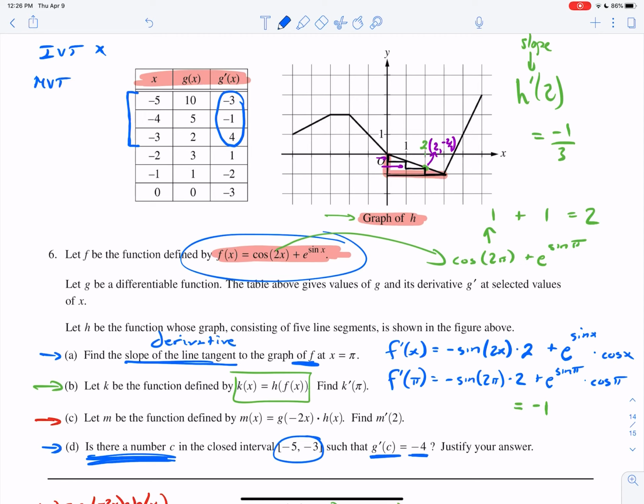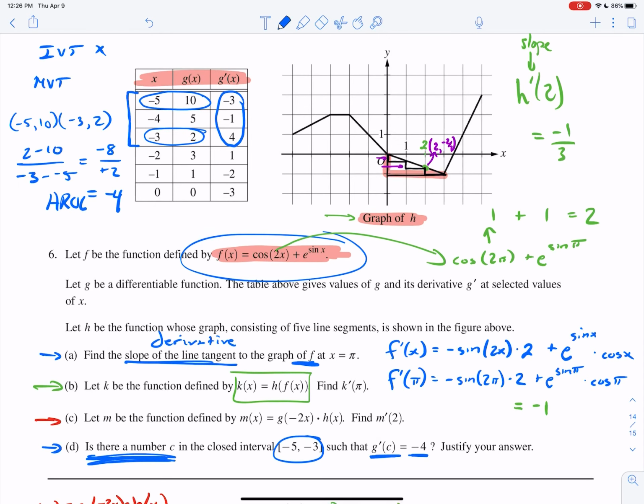If you take a look here, what if I compared this point and this point, negative 5 comma 10 and negative 3 comma 2. If I found the average rate of change, 2 minus 10 over negative 3 minus negative 5, I get negative 8 over positive 2, which is negative 4.